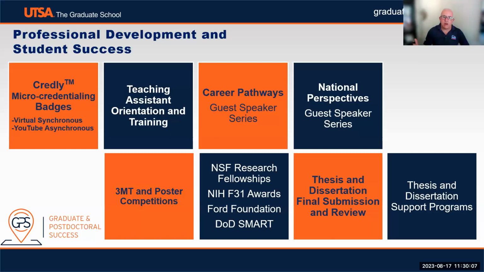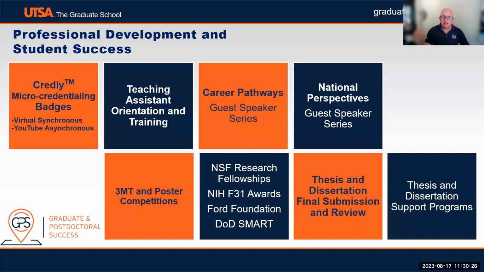If you take part in something like our 3MT competition, which is the 3-minute thesis, which we offer every fall semester, master's and doctoral students have the opportunity to present their research in 3 minutes or less. First, second, third, and People's Choice receive a financial award.